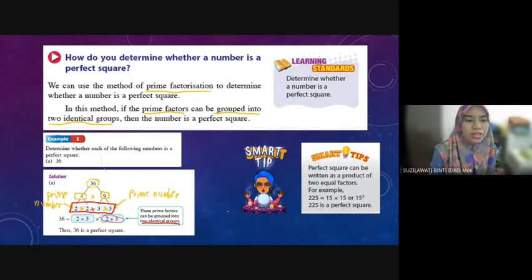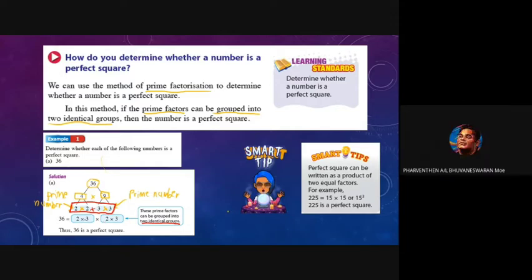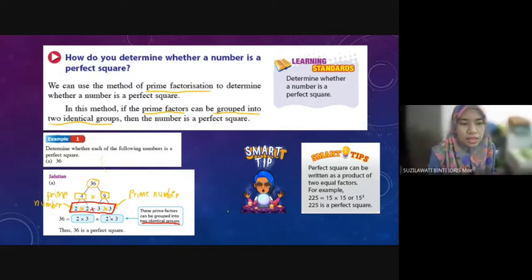Do you get it? Yes. Since we are able to group it into 2 identical groups, thus 36 is a perfect square. Kalau kita boleh groupkan dia dalam 2 identical groups like this, then we can say that the given number in the question is a perfect square.